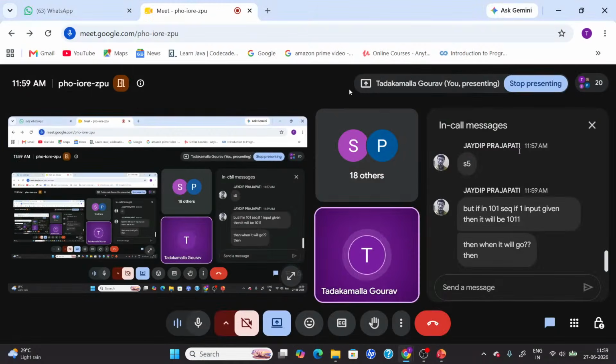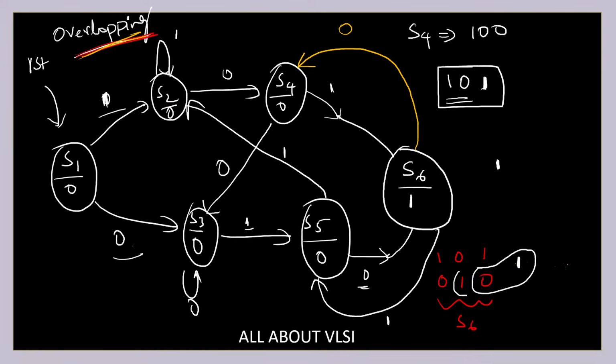If in the 101 sequence one more input is given, then it will be 1011. Then it will go to, okay. So if you got 101 and if you get 1, you're going to S5. So you got 10. Let me reshare the screen.